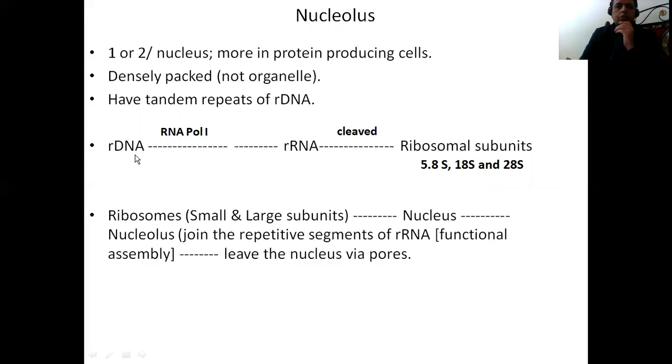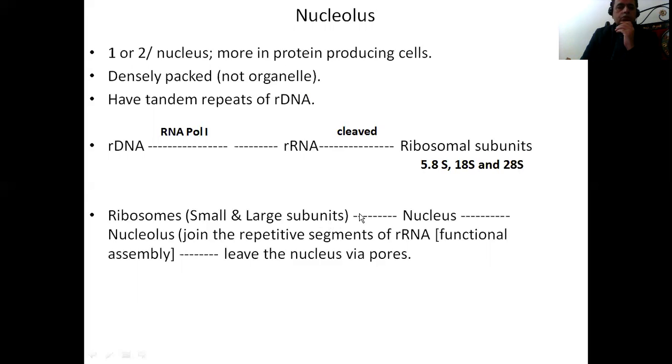And this ribosomal DNA is transcribed into ribosomal RNA by an enzyme which is known as RNA polymerase 1. And then when it is transcribed into ribosomal RNA, this ribosomal RNA is cleaved into ribosomal subunits. For instance, in the case of eukaryotes, this is cleaved into 5.8S, 18S, and 28S subunits.